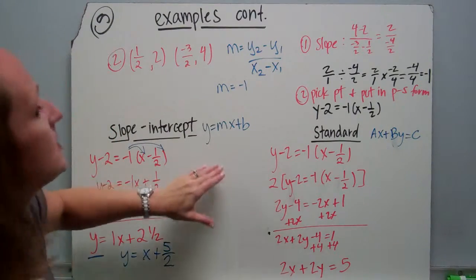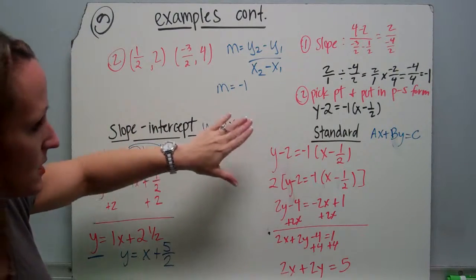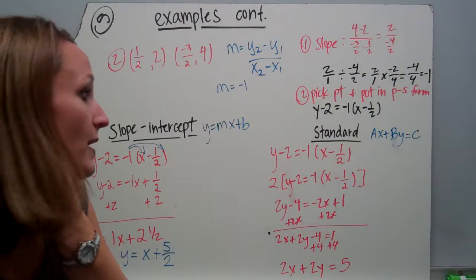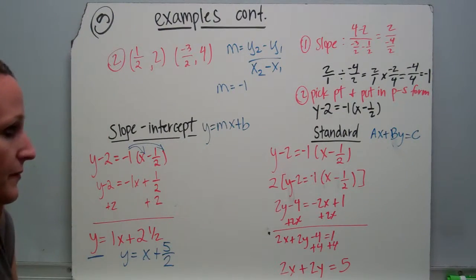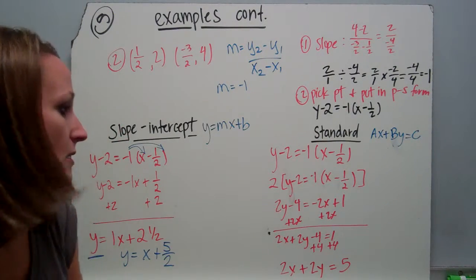Alright, so now let's go back and put it in standard form, or ax plus by equals c. Starting back at y minus 2 equals negative 1 times x minus 1/2. Multiply to get rid of our fraction.